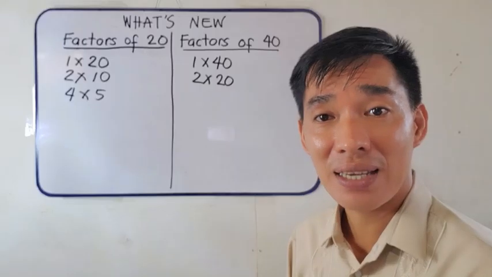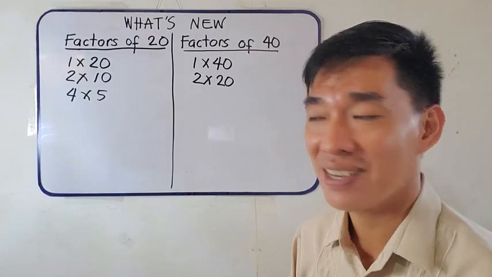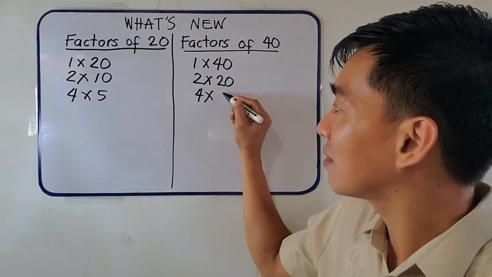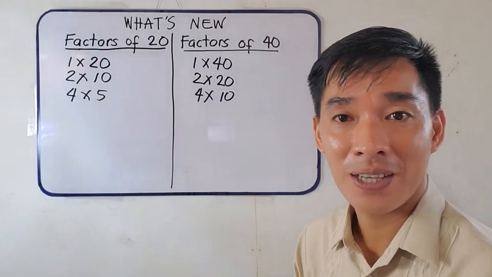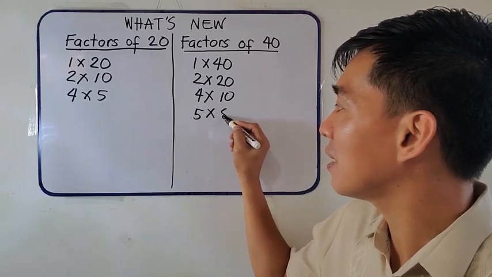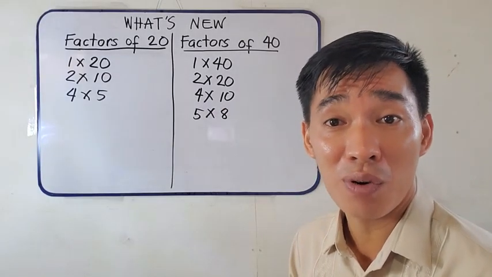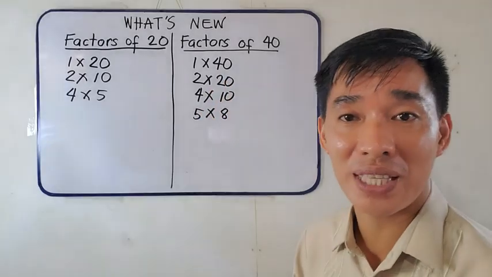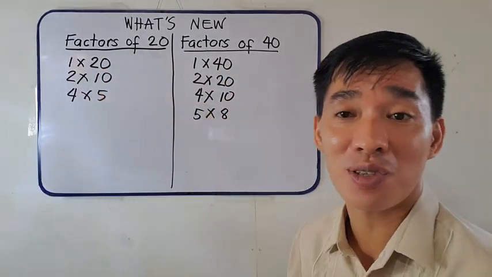And finally, or we still have more, I think. That's 4 times 10. Another one is 5 times 8. Do we have more? These are all the factors of 40. And these are all the factors of 20.